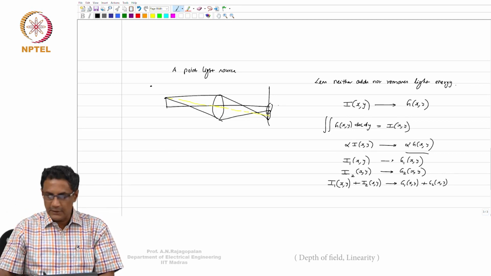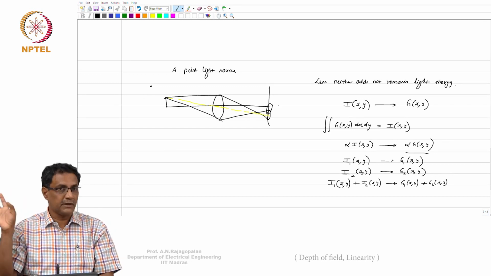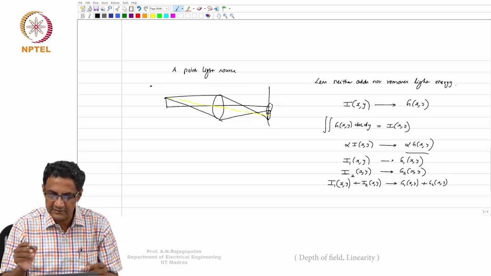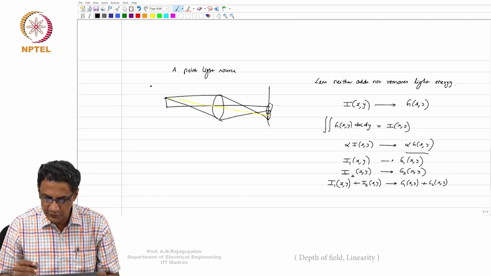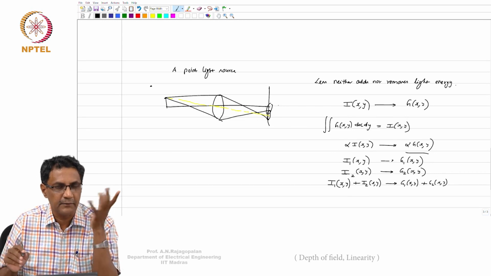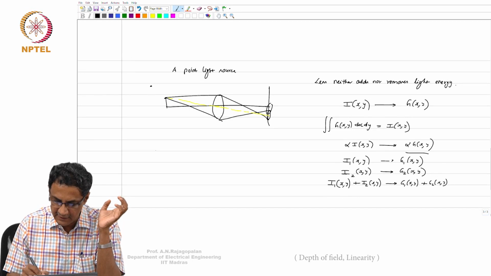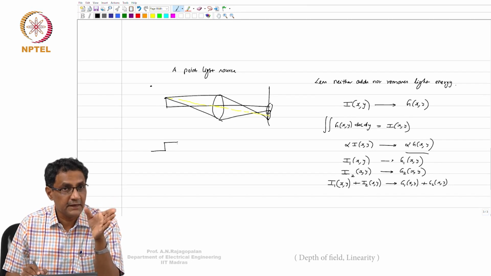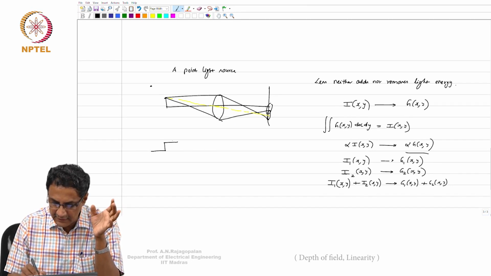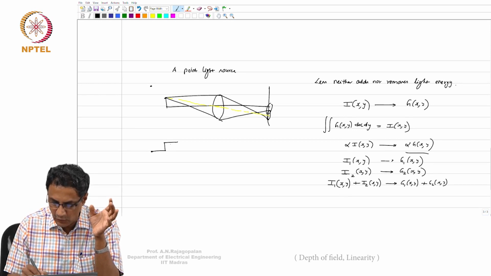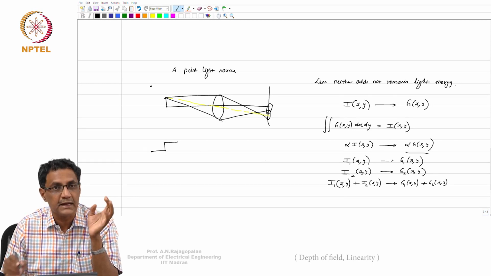You can think of situations where this can fail, but those are very extreme situations, like what's called self-occlusion. I don't want to take you off that track, but it's like saying that if I had an object like this, in my 3D scene, and if this point is not there and I had only this, then all these rays can go through the lens.